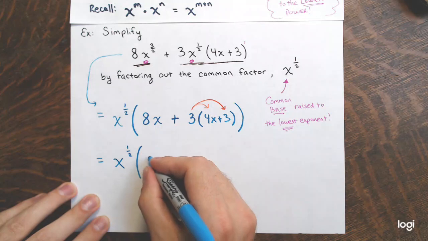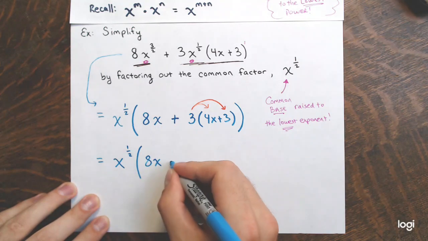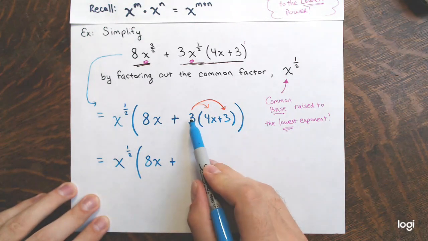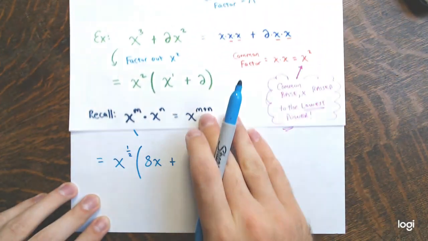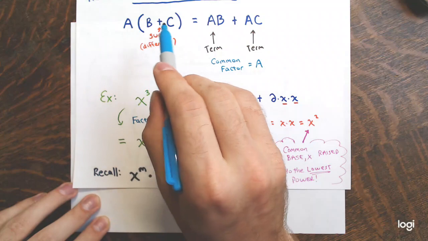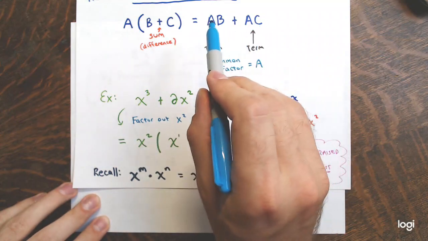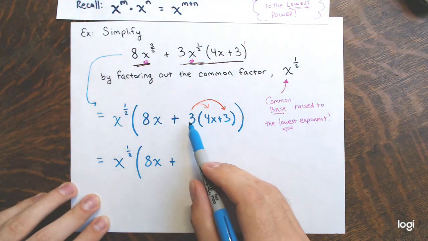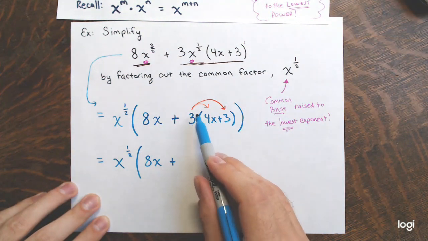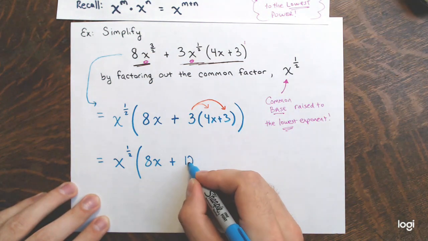We have the 8x from earlier plus, and then when you distribute, that gets rid of the parentheses, right? Remember the property earlier. When you distribute, the parentheses are removed. So this 3 times the quantity 4x plus 3, 3 times 4x is positive 12x.